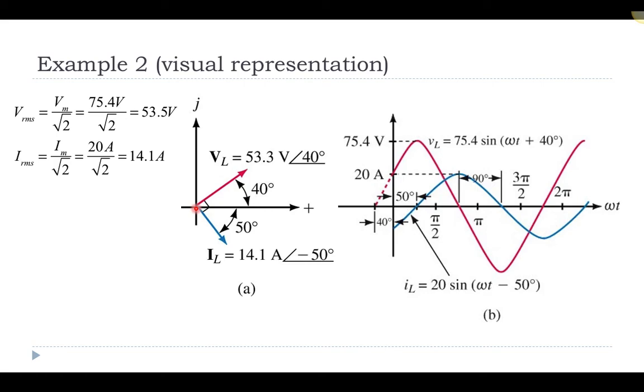And then I could represent these in phasor notation so that the voltage across the inductor, the phasor would be at an angle of 40 degrees, and the length would be 53.5, and then the current would be at minus 50 in phasor notation with the effective value of 14.1 amps. So this gives us a visual representation of the example that we just looked at.